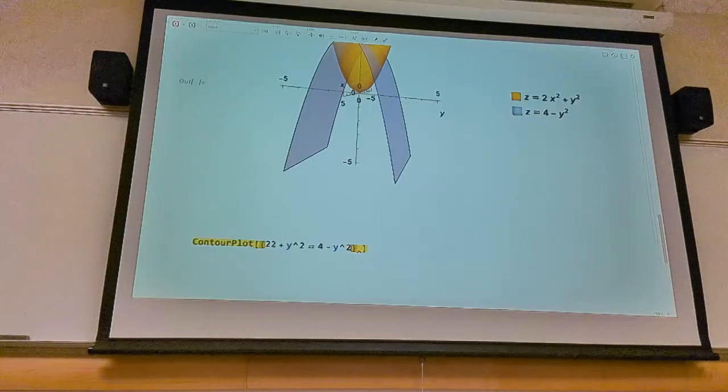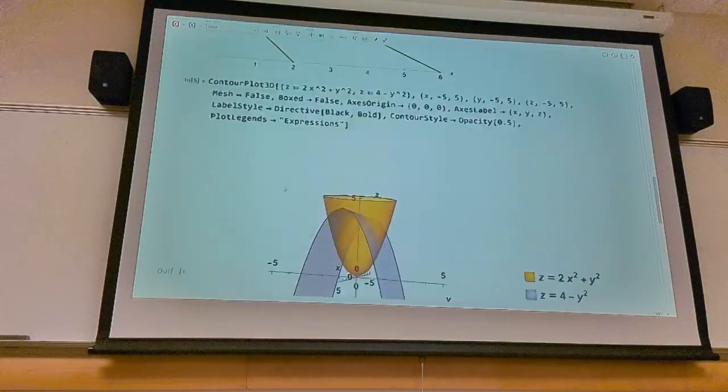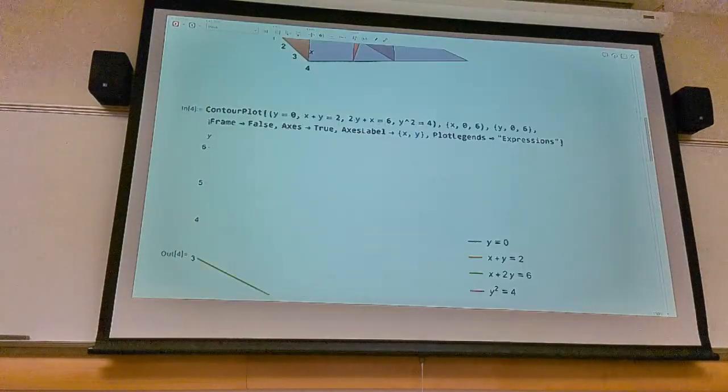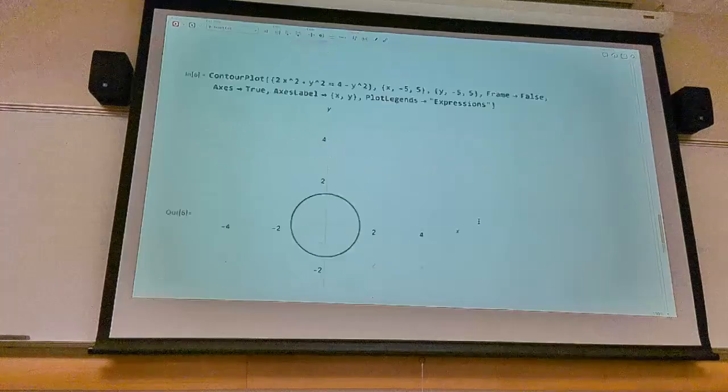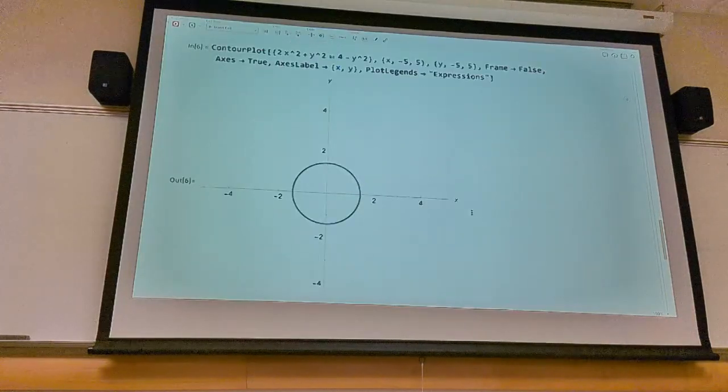The shadow is going to be the curve of intersection. And so set your two z's equal to each other. The curve of intersection is a circle.